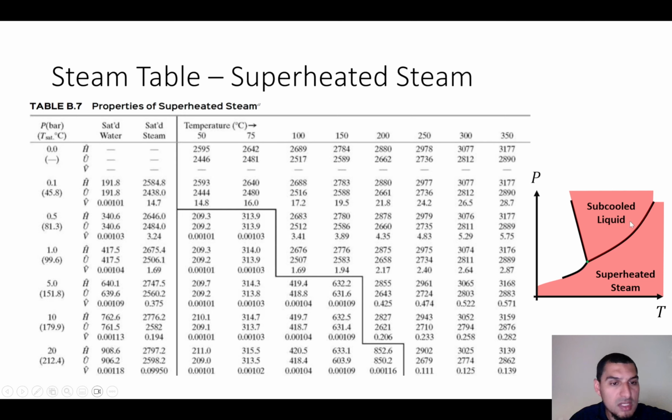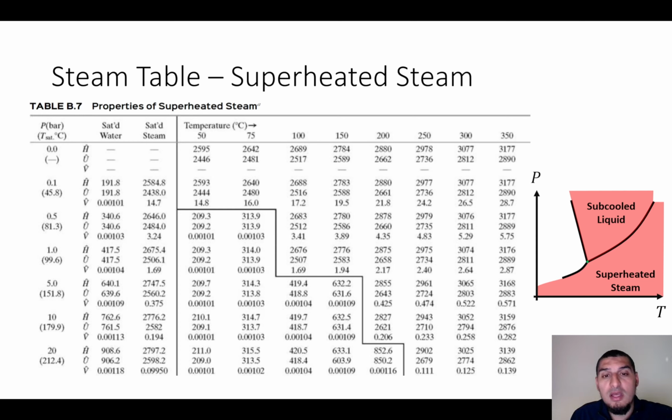And it's not saturated liquid and not saturated vapor, so it can be subcooled or superheated. And as you see here, it's not a line as before, it is an area. And for the area to be fully defined, we need to define the two coordinates, x and y, or the pressure and temperature. So I need to know the temperature and the pressure, and from the combination of both we can know the information about the steam in these conditions.